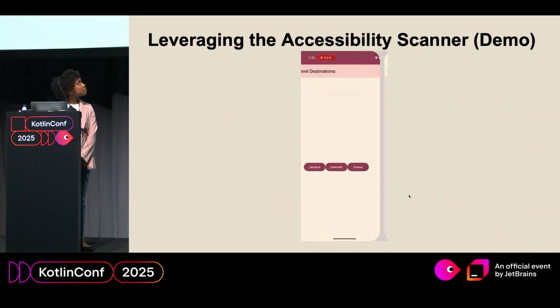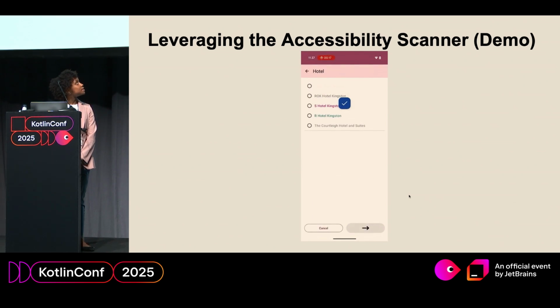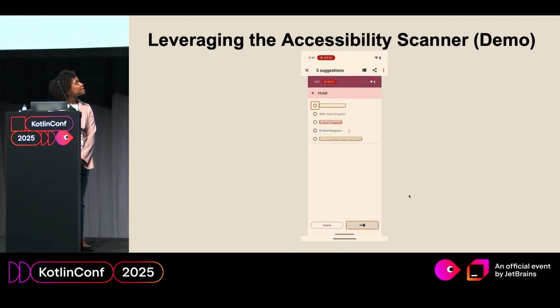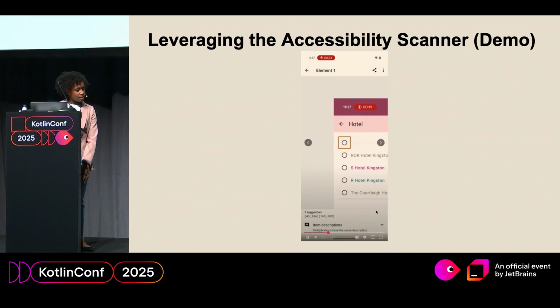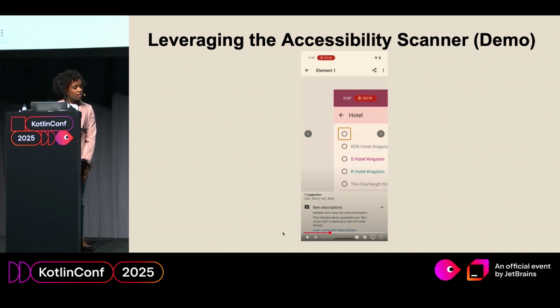Now if we back out of this and go to pick one of the destinations, there are going to be a lot more issues when it comes to the snapshot. For the radio button, since I didn't give any extra information for each radio button, it tells you that there are multiple items with the same description, and that's not something you want because it will be harder for the person to know which radio button is for which hotel or which date, depending on your app.